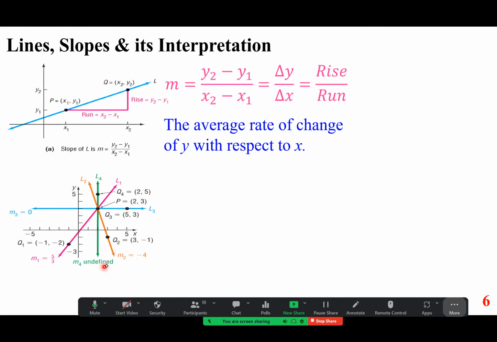A vertical line has a slope which is undefined. The concept of a positive slope means when we go from left to right, obviously everybody knows x increases. But in the case of this line, as x increases, so does y. This is the meaning of positive slope.